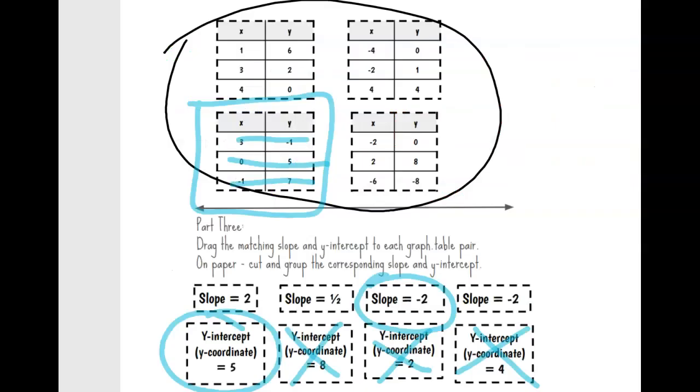I recognized the fact that my table had values that matched up with those points in my graph. I then chose the slope that went with it, and then the y-intercept is 5. Now, this information and this skill will become very handy when we move on to actually writing equations for the line. So that skill is going to be super important in how we build that equation.